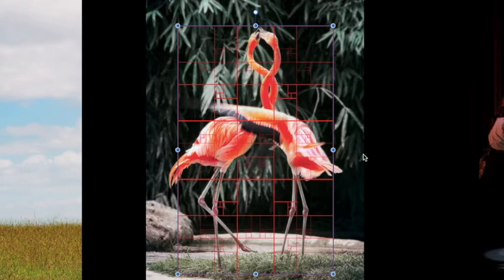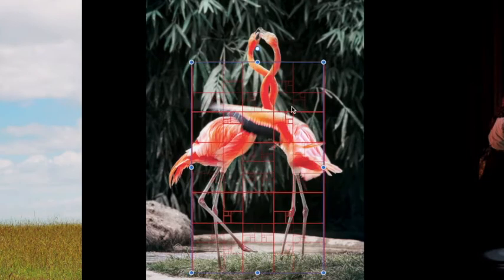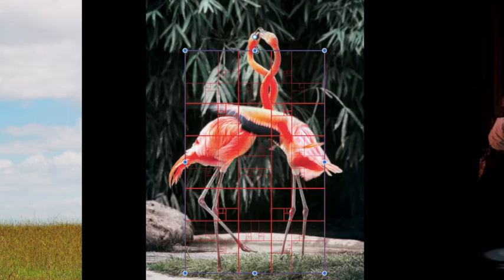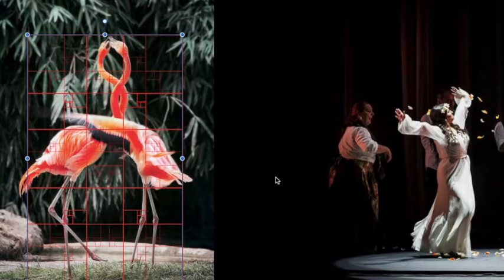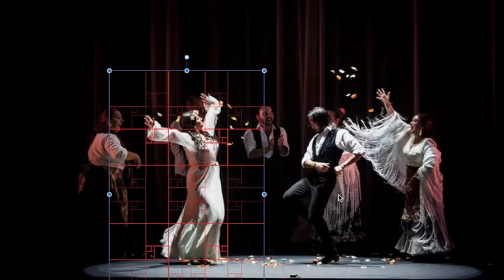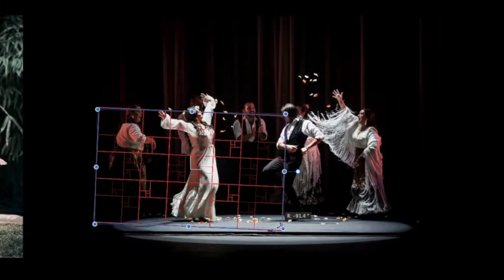So they form a beautiful rectangle if we exclude their heads. Okay. So far they're all doing some kind of cohesive rectangle.